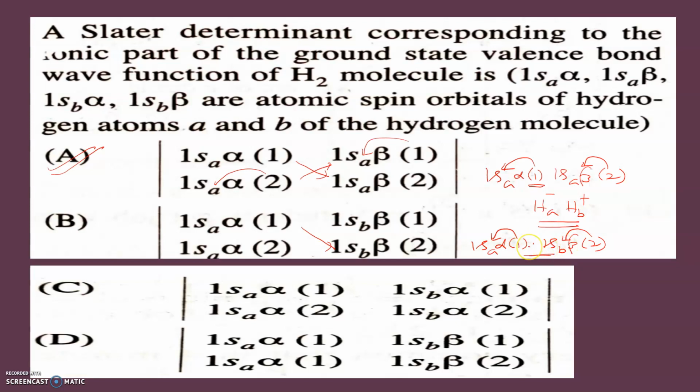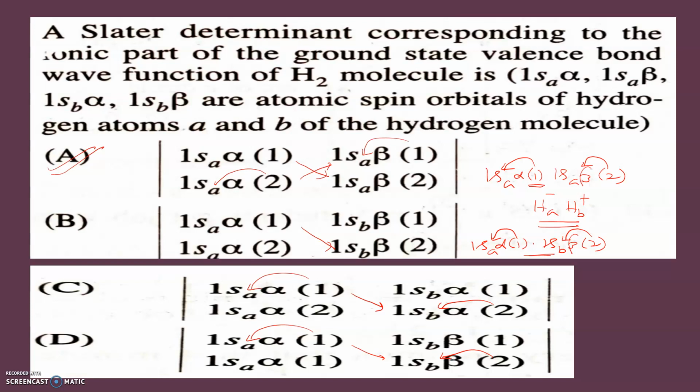Similarly, if you cross multiply this, electron 1 is associated with nucleus A, electron 2 with nucleus B. It is also a covalent term. Similarly, in option D, electron 1 is associated with the nucleus A and electron 2 with nucleus B, so this is also a covalent term. So the only option which corresponds to an ionic part of the hydrogen molecule is option A.